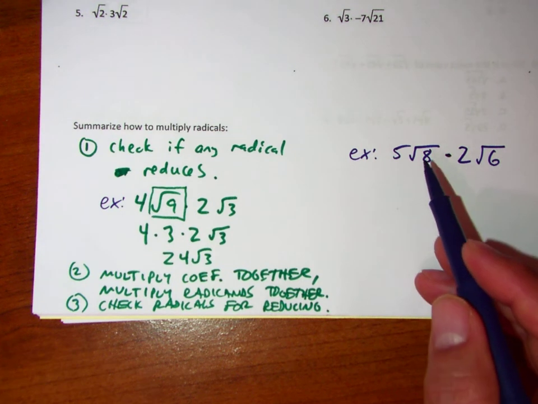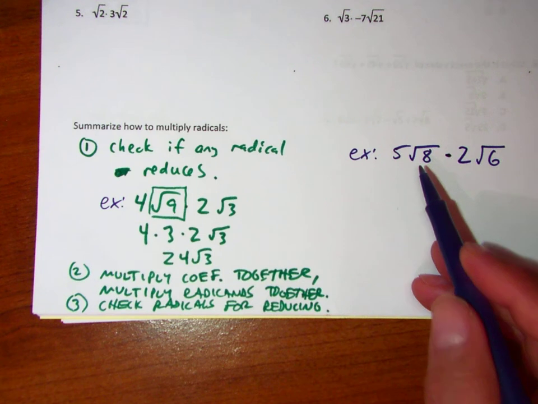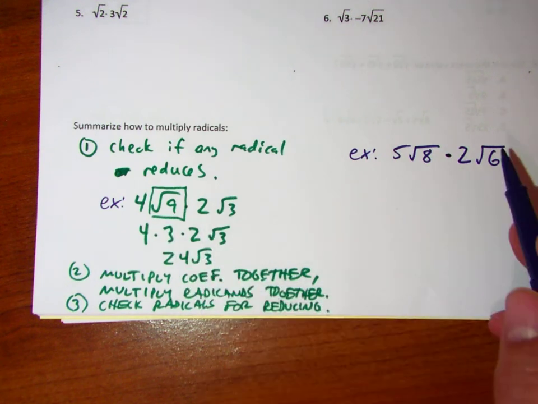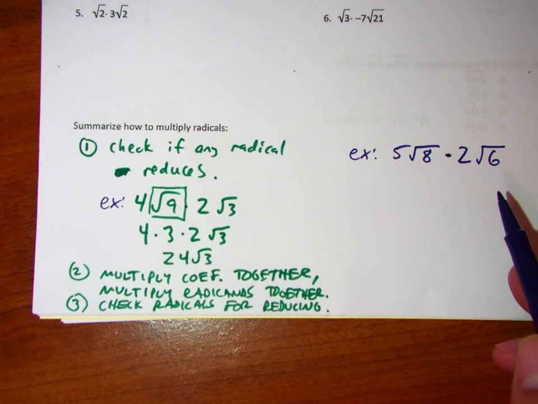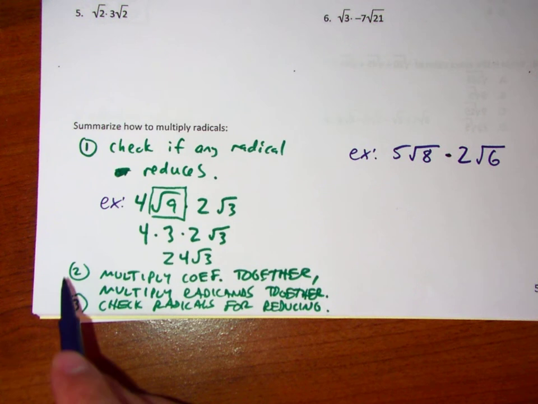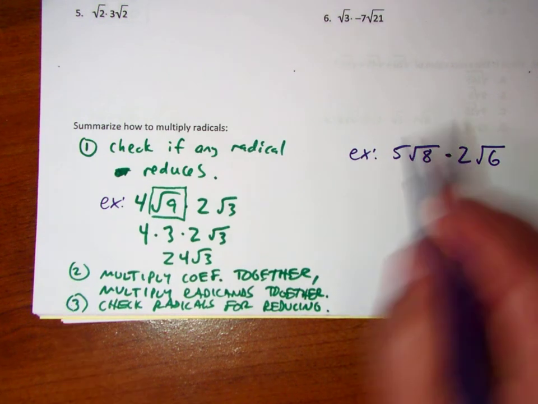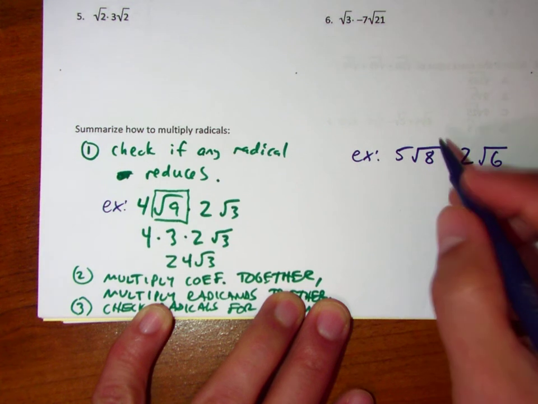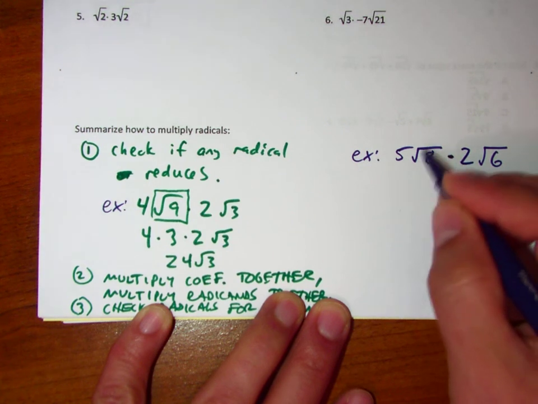So the square root of 8, it's not a perfect square. So it's not like a nice answer like the square root of 9 was a 3, right? And the square root of 6 is not a perfect square. So you can't really do anything with that. So you can go ahead and proceed and go down to step number 2, and then step number 3. Now, if you don't catch this, it's not a big deal, but you could reduce the square root of 8 first.